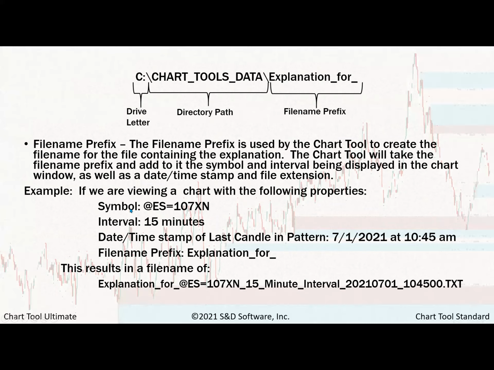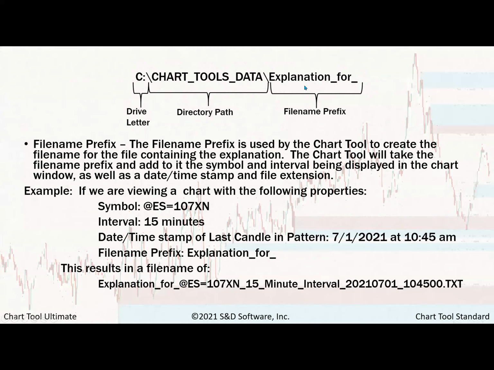If we're viewing the chart and we have the symbol ES on that chart, that is the S&P 500 futures contract, and it's a 15-minute chart, and the last candle of the block of candles that we want an explanation for has a date and time stamp of July 1st at 10:45 a.m., then we're going to get a file name that looks like this. We'll see our file name prefix here.